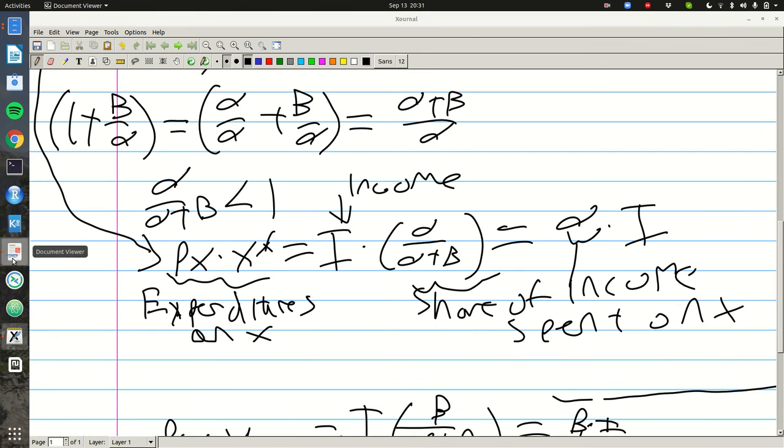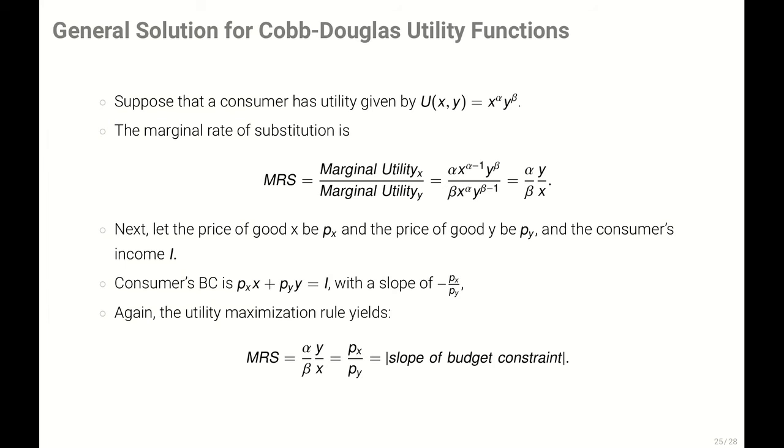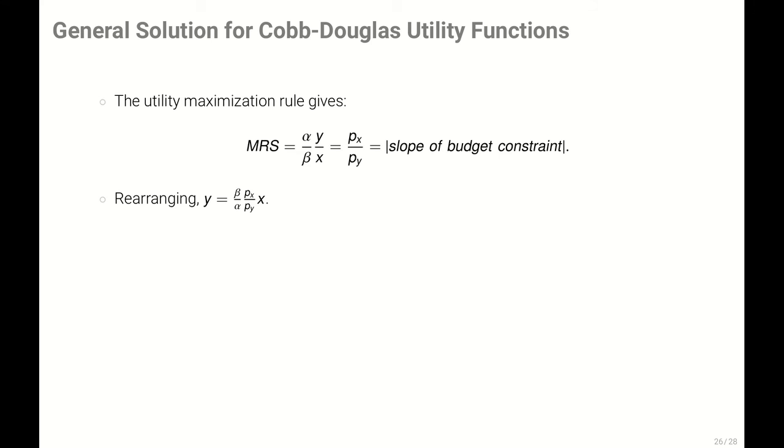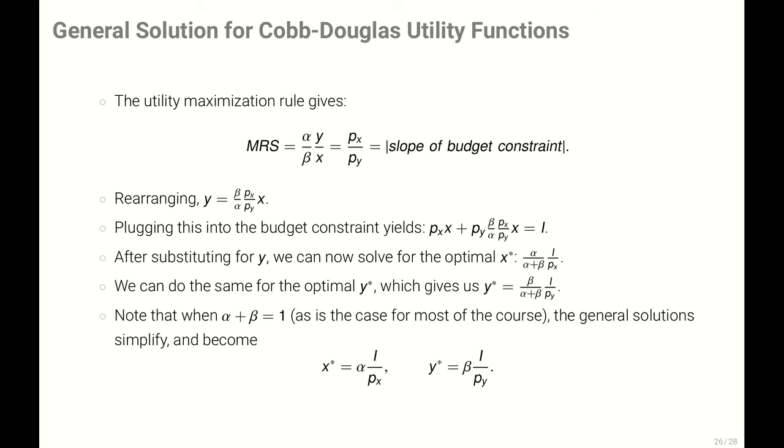And so going back to the slides, the slides say the same thing: we use our utility maximization rule, or MRS equals the slope of the budget constraint, to solve for y as a function of x. We plug that into the budget constraint. That gives us the optimal x. Then we can just plug this x back in to solve for the optimal y.